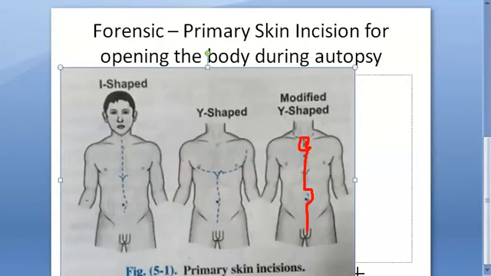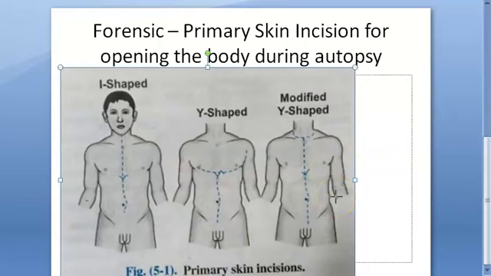It passes from the suprasternal notch, it extends over the clavicle to its center on both sides and then passes upward over the neck behind the ear. Hold on. So here they are saying something like from the sternum to pubic symphysis, same thing only.